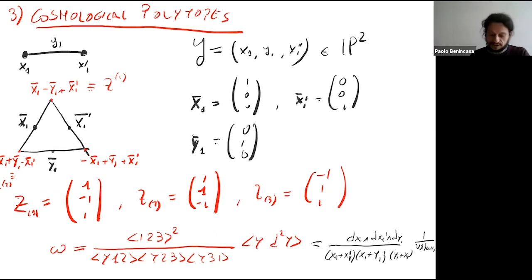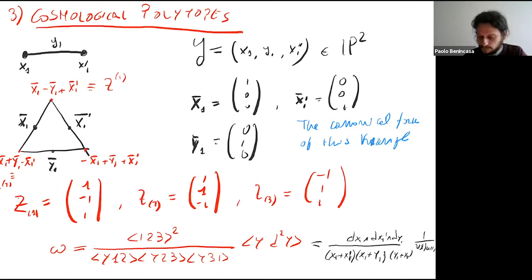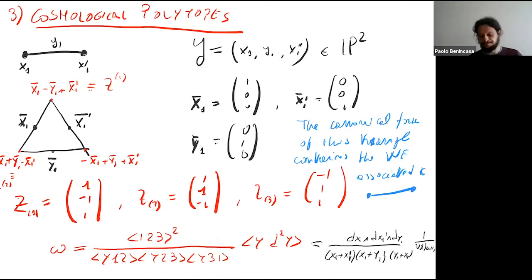So the point is that you start to see here that the canonical form of this triangle contains the wave function associated to the graph with the two vertices.